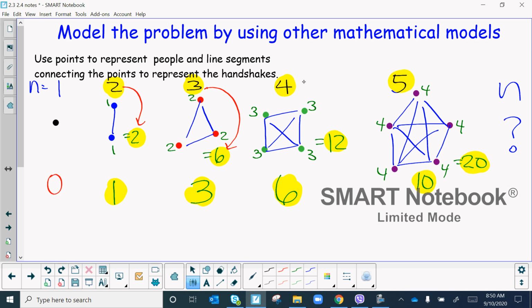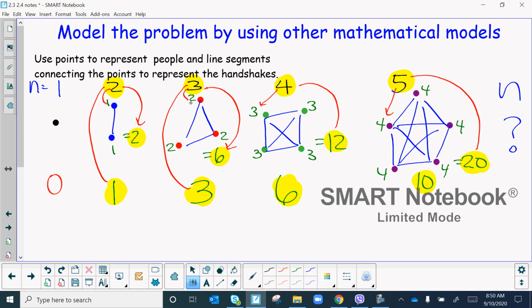How is n related to that number and that number? So how do we look at that? Also, how is n related to the handshakes? So we have to come up with a number for this.